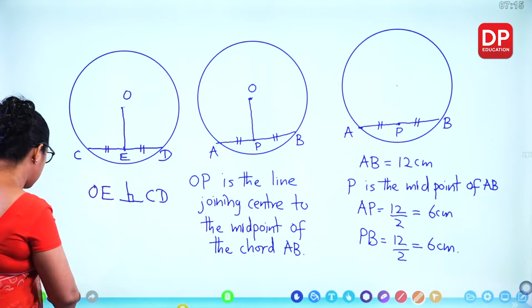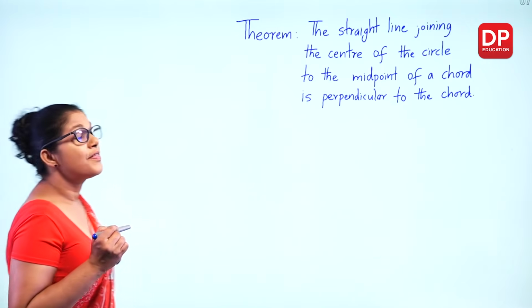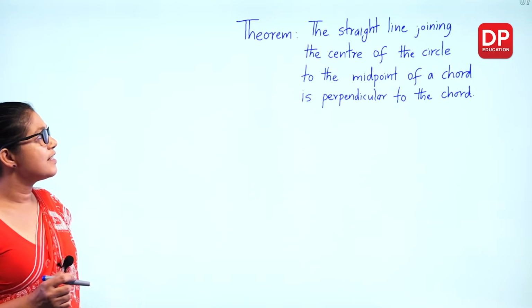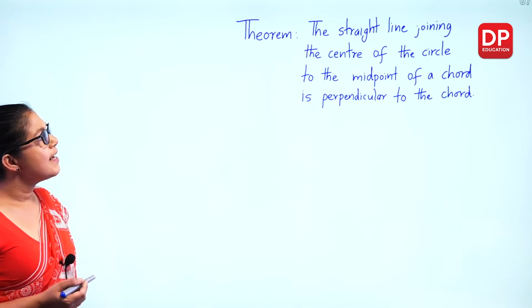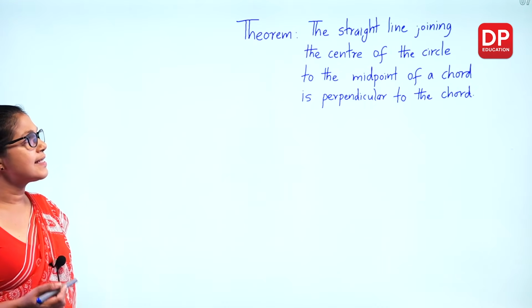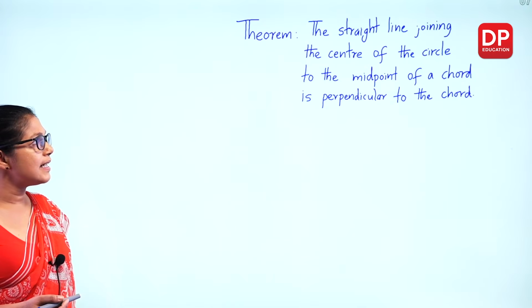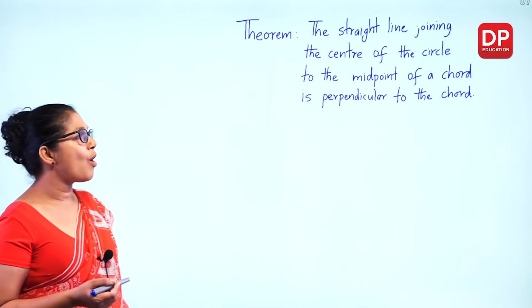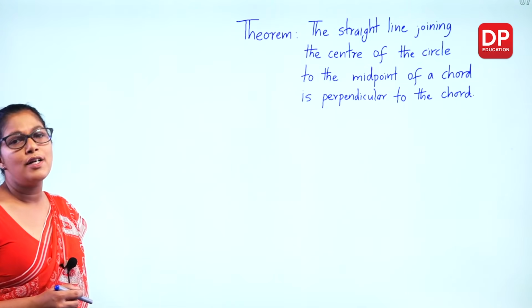Now we'll look at theorem number 1 related to chords. It says the straight line joining the center of the circle to the midpoint of a chord is perpendicular to the chord.